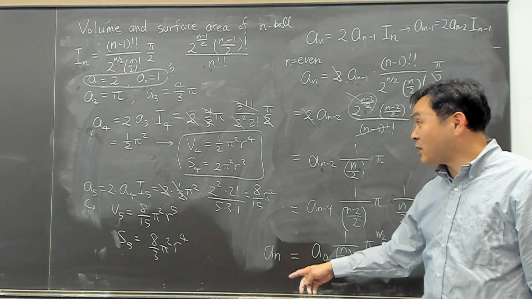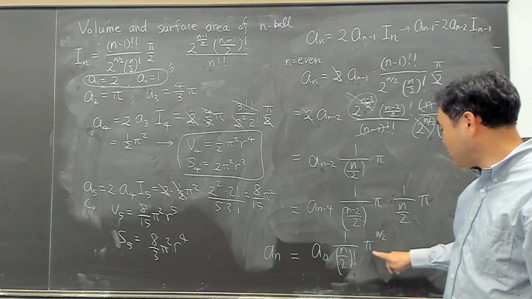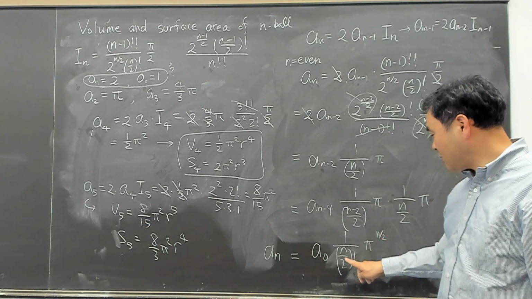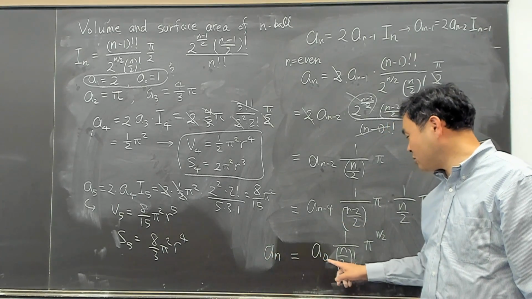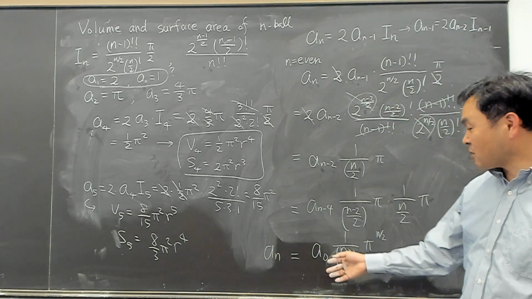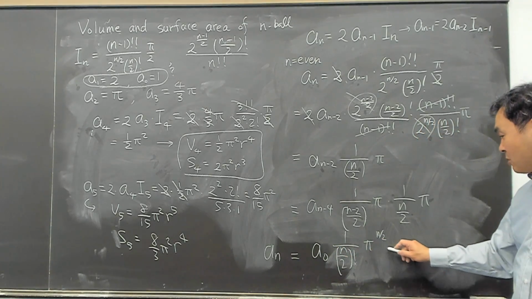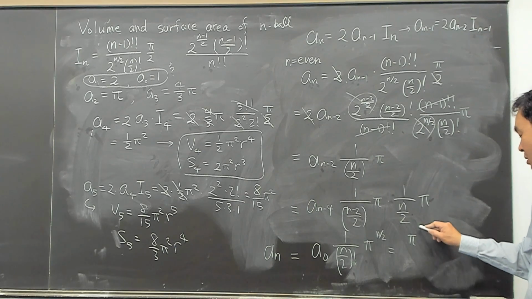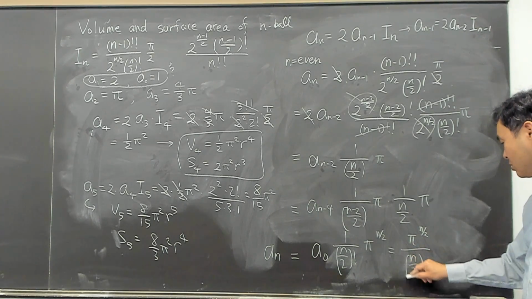For n is 2, I know that a2 should be pi, and plug in 2 here, it's pi, but then this is 1. The only way to make this true for n equals 2 is when a0 is 1. So you can kind of force a0 to be 1, so that in general you have this formula, pi to the n over 2 divided by n over 2 factorial.